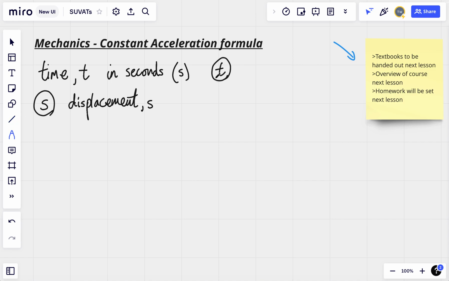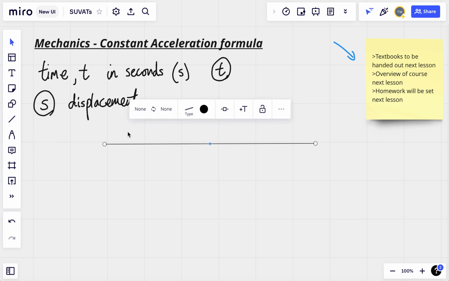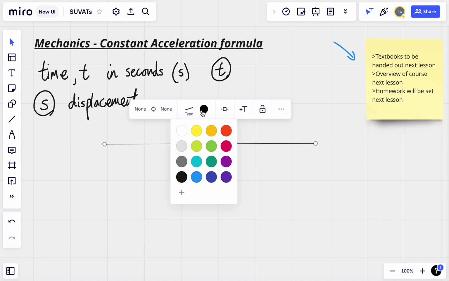Now, you may think, well, isn't that distance? And what I'm going to do is point out the difference in the two. So let's say I have a line here between 2 points.